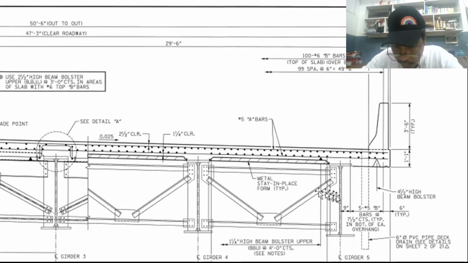So what's next? 1-in-1 port high beam booster upper. So a BBU at 4 feet center.